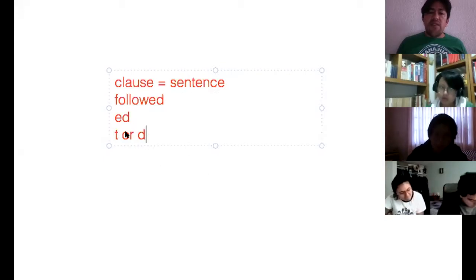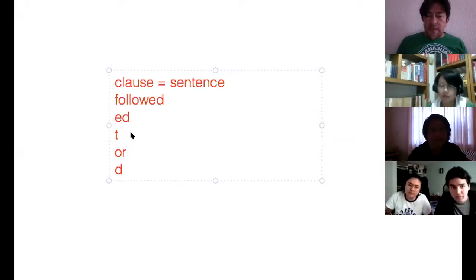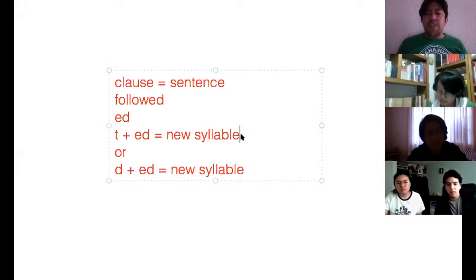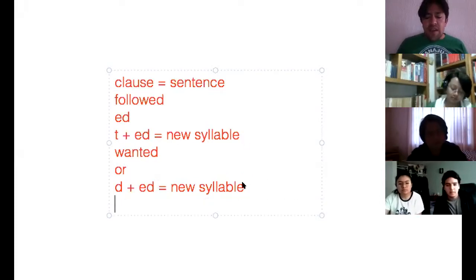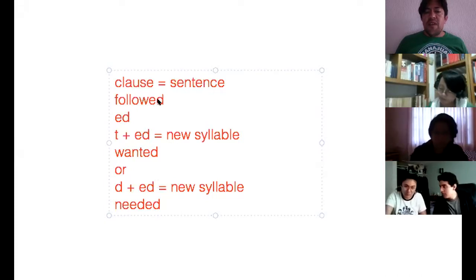If there's a T or a D and then there's ed, it's an extra syllable. So if you have, for example, want, do you say wanted? If you have need, then you say needed. In this case, that's not the case, so we only say followed. The one that sounds is a D, not the E. Okay?